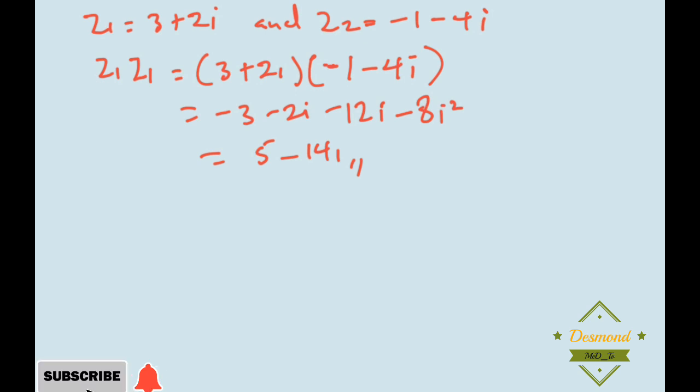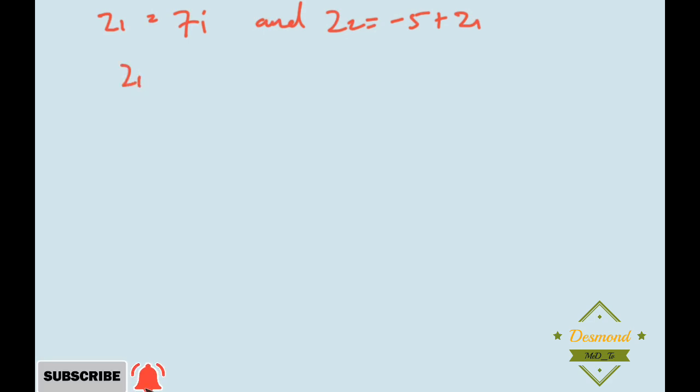Let's take example 2. We have z1 being equal to 7i and z2 being equal to -5 plus 2i. Let's multiply these two complex numbers together.